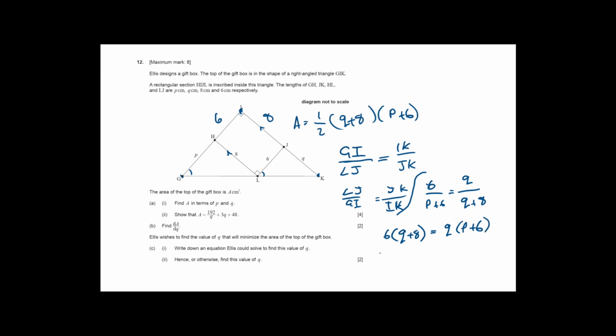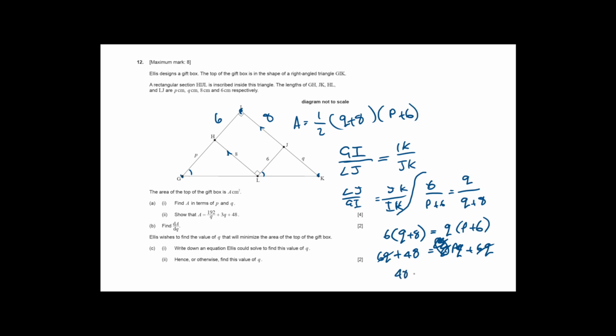And let's expand the brackets out. So 6Q plus 48 must be equal to PQ, put it in alphabetical order, plus 6Q. And the 6Q's are going to cancel.